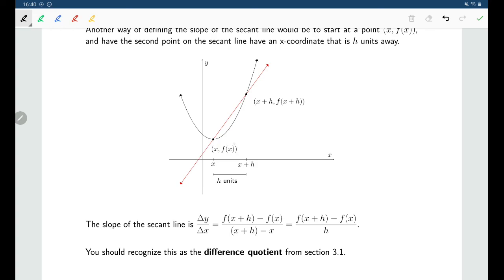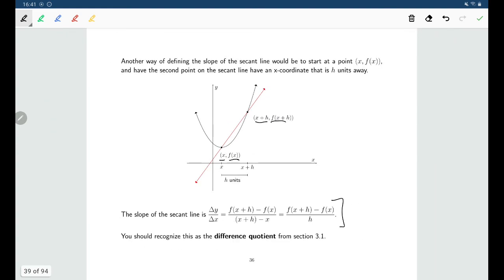If you were to think about these 2 points, x, f of x, and x plus h, f of x plus h, those would be these 2 points that happen to be on the curve, and the line that connects them, the slope would be the change in the y values over the change in the x values, which exactly is the difference quotient. So the average rate of change, that's really the numerical version of the difference quotient.